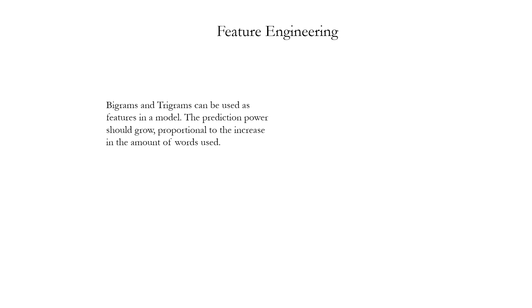So let's talk a little bit about feature engineering. This is a segue into something that I'm going to be showing you later with logistic regression and features. Bigrams and trigrams can be used as features in a model, right? The prediction power should grow proportional to the increase in the amount of words used. That would make sense, right?